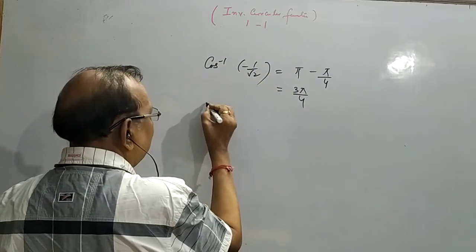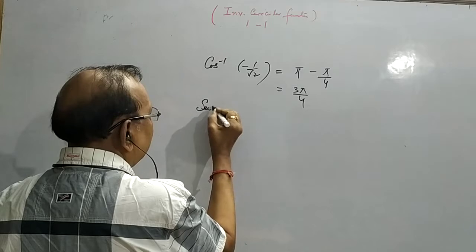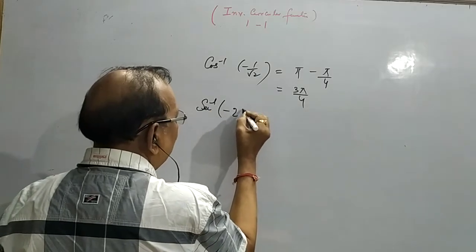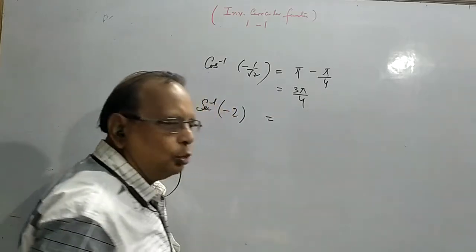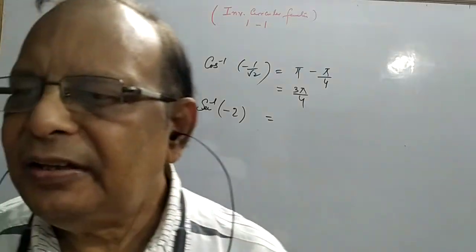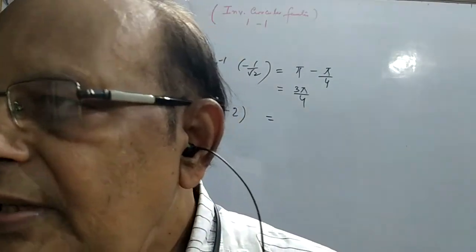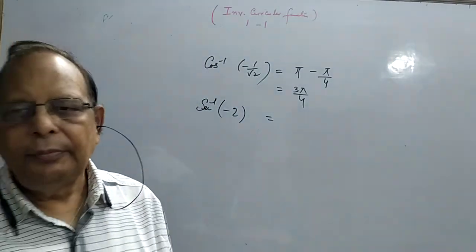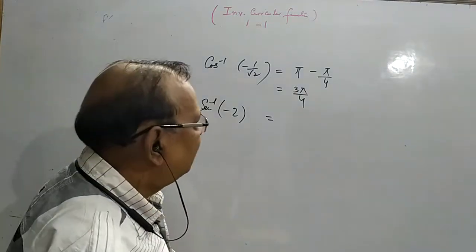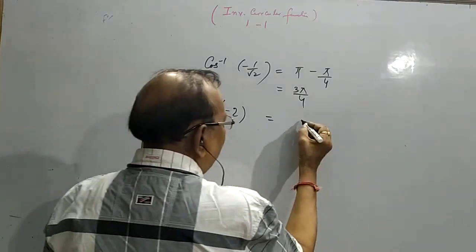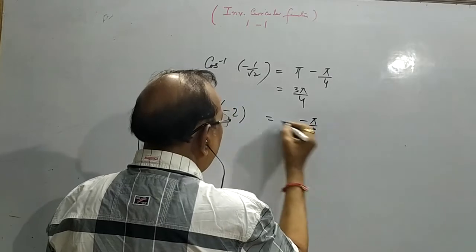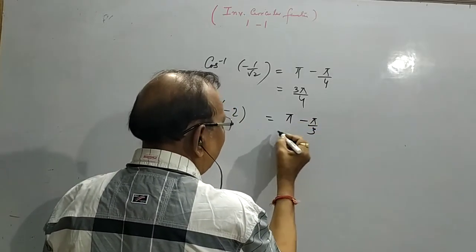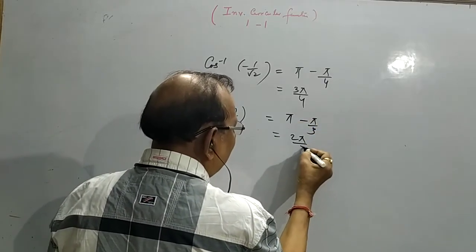Similarly, sec inverse minus 2. Sec inverse 2, and whose sec is 2? That theta comes to be pi by 3. That is in first quadrant, minus pi by 3 for negative, and pi will be added. That is 2 pi by 3.